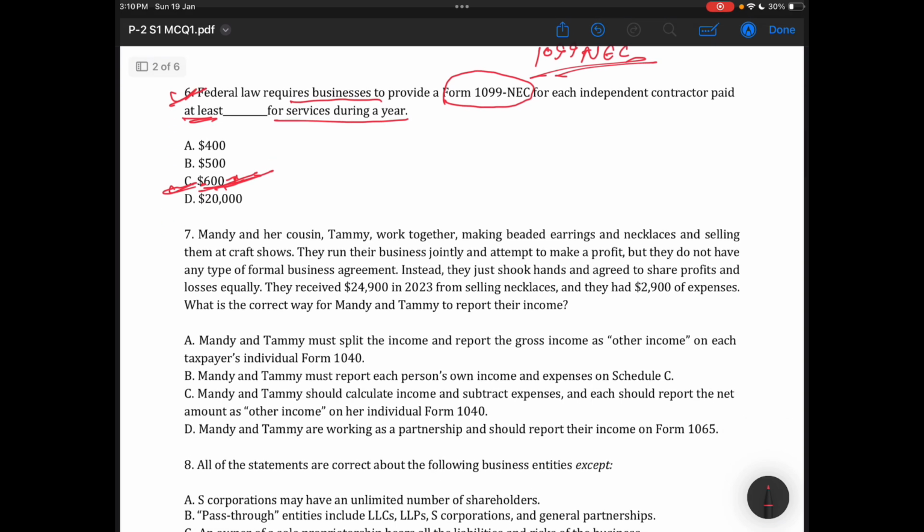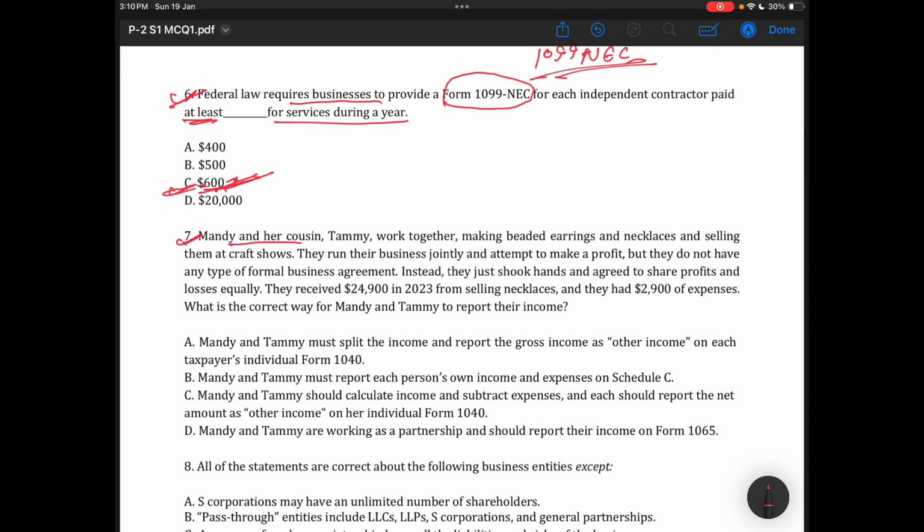The next question is, Mandy and her cousin Tammy work together making beaded earrings and necklaces, and selling them at a craft show. They run their business jointly. The key point is jointly and an attempt to make a profit. They run their business jointly and make a profit, but they do not have any type of formal business agreement.